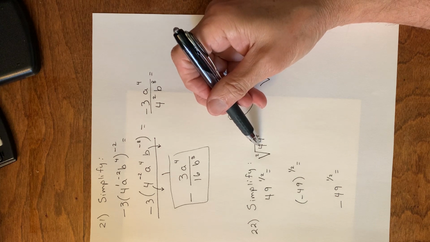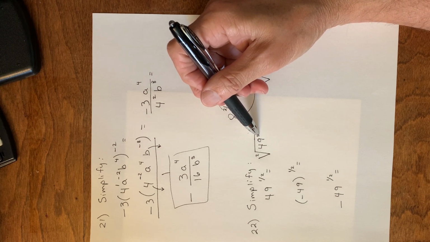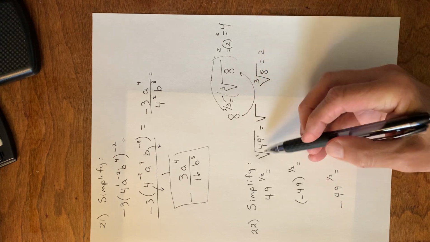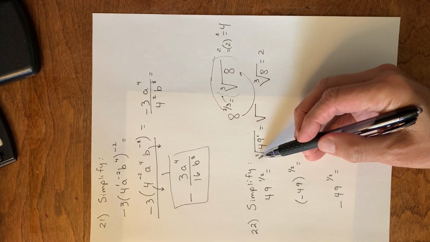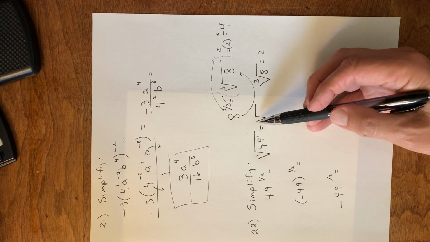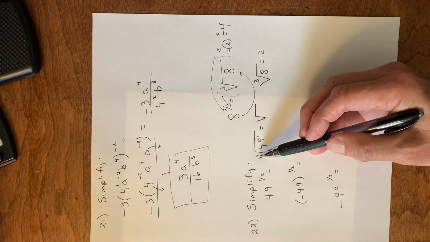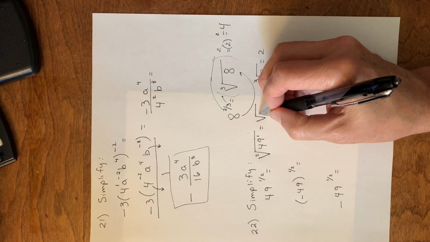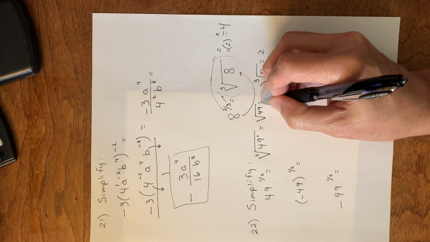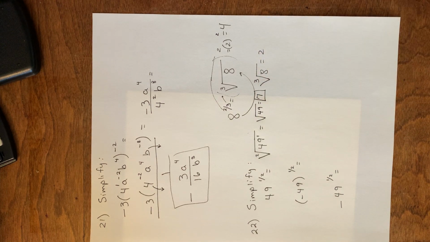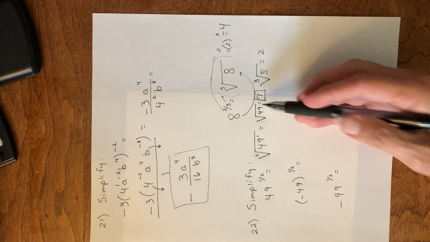Now I typically wouldn't write 49 to the first power, I would just write 49, right? And I typically wouldn't even put an index of 2 for a square root. That says square root right there. If there's no index, there's an understood index of 2. So square root of 49 to the first is just the square root of 49. My calculator tells me that's 7. So 49 to the 1/2 power, 7.